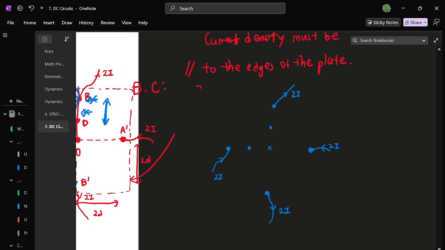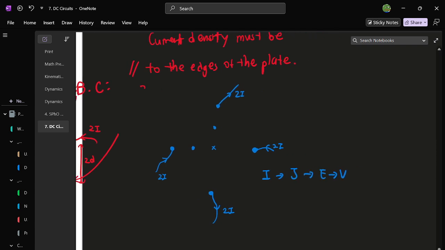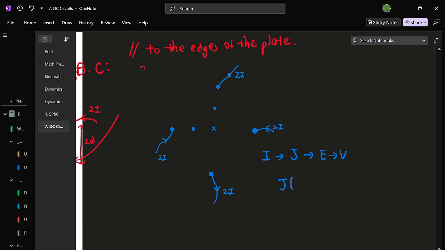What you want to do is you start from I, then you find J, then you find E, then you find V, in this order. So your J_r is just 2i.